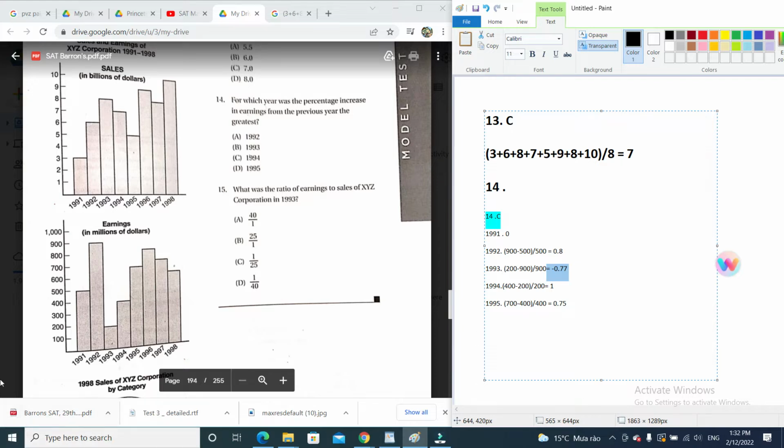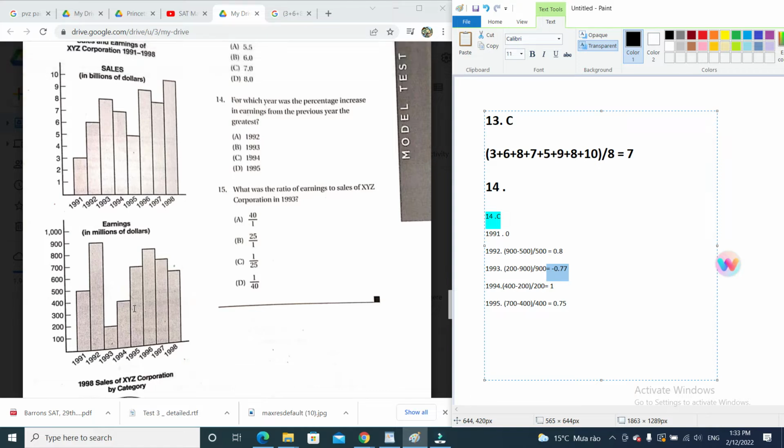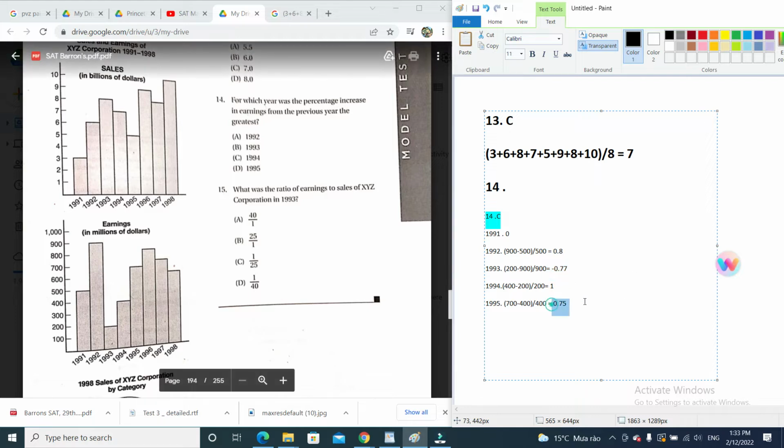Similarly, in 94 the earnings double, so the increase rate is 1, and for 95 you get 0.75. So the greatest is actually C, 1994, which is 1, because it doubles, from 200 to 400. So 14 is C.